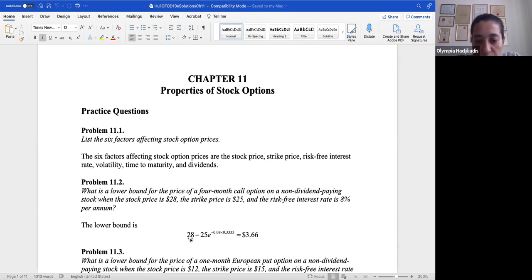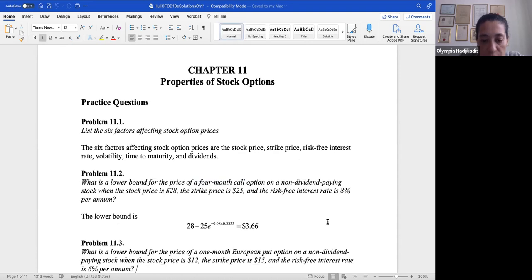As we can see, it is the stock price, S0, minus K e to the minus 8% times 1/4 of the year, because it's a 4-month call option. And so you obtain 3.66.